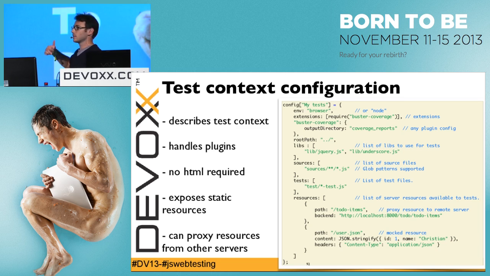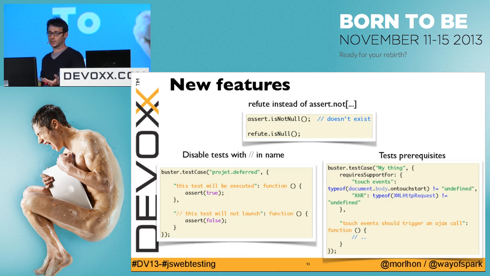For example, you can start your backend Java server and ask Buster to proxify resources. You can do the same with the Grunt Connect plugin when you're launching Karma tests inside Grunt. But Buster does it out of the box.